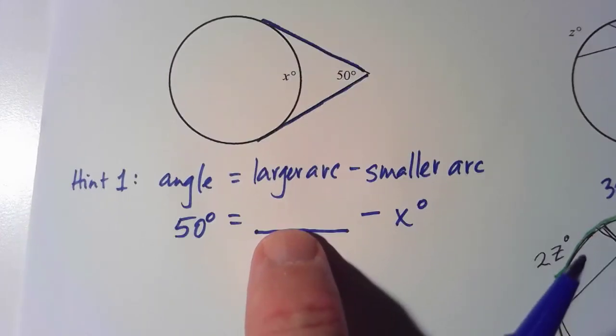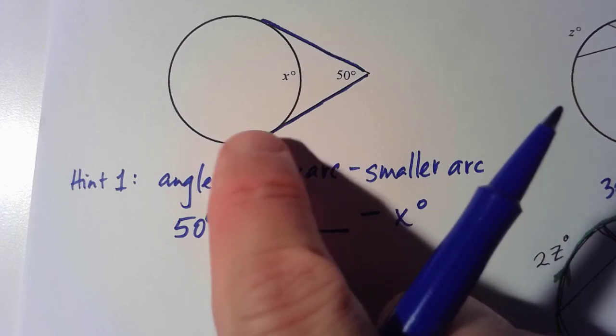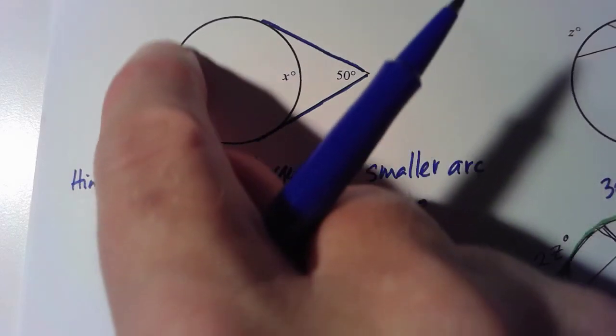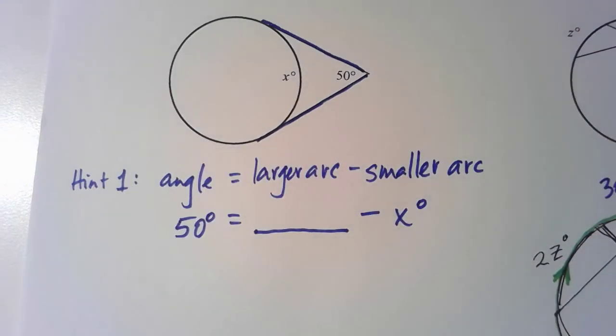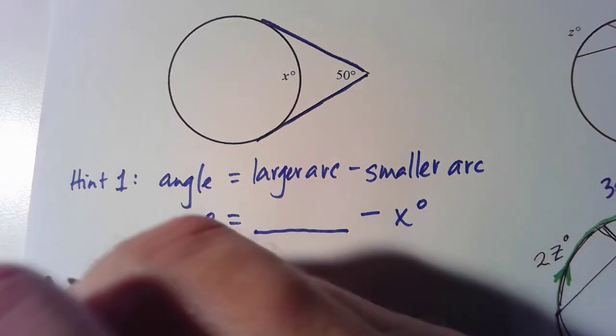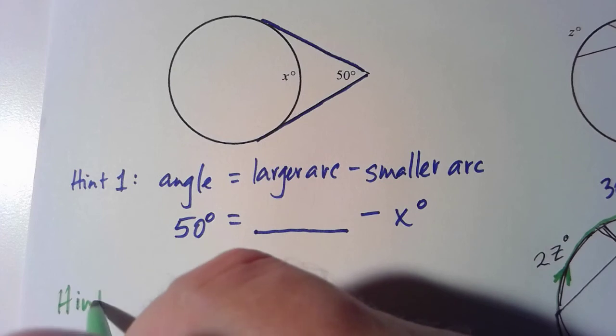Hint number 2 is think about how big is this arc. And if you call it y, you'll get stuck because you have one equation with two variables. I don't know if you remember from algebra, but you cannot solve two variables with only one equation.